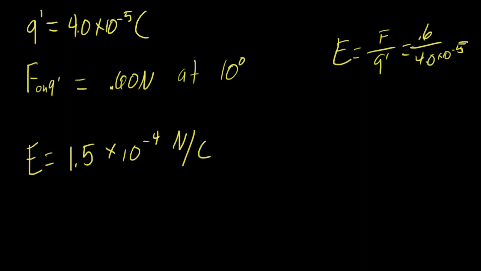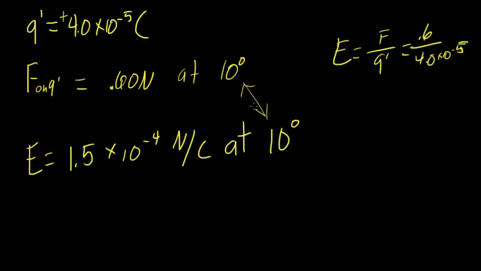Well, if it's a positive test charge, which we said it was, it's really simple. The field is just in the direction of the force. If it had been a different direction, it would still be the same. So as long as you have a positive test charge, like we have up here, finding the direction is really easy.